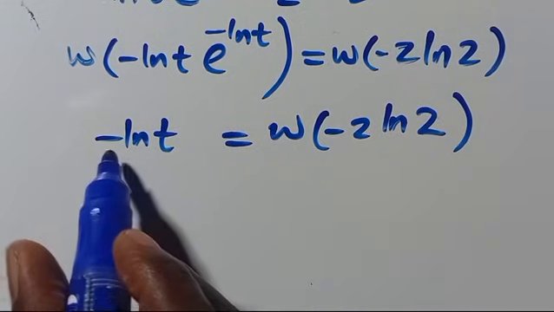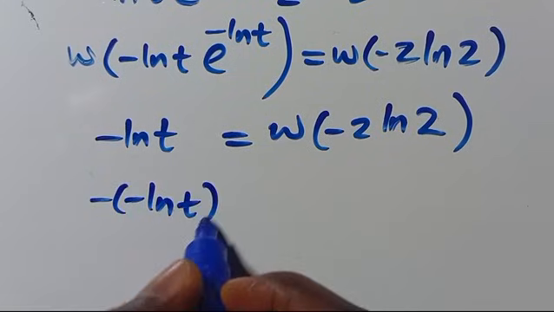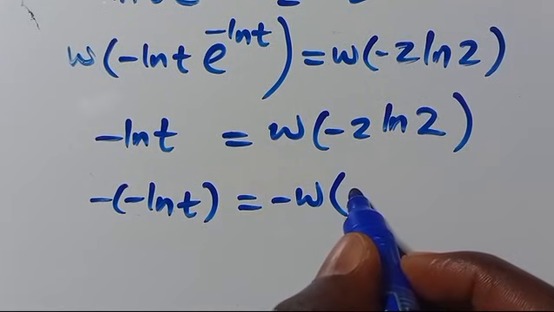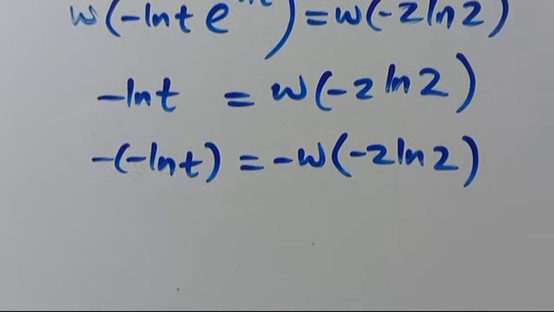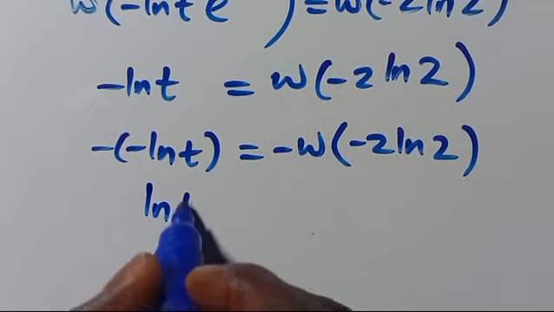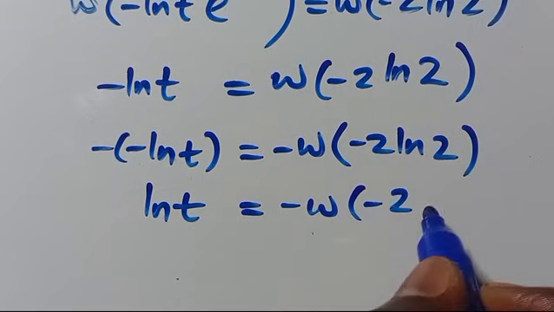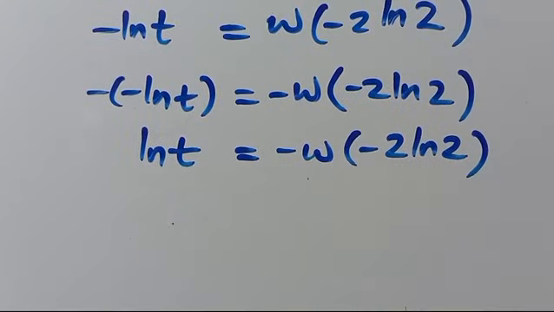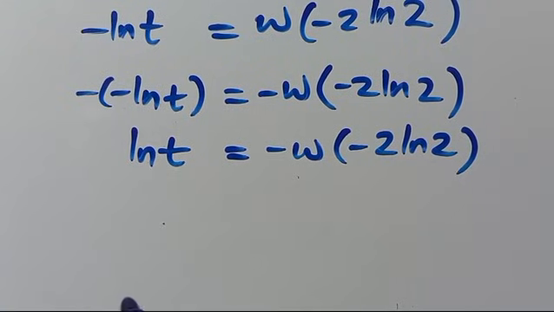From here, let's multiply through by minus. So here will be minus into minus ln of t, and here will be minus the W Lambert function of minus 2 ln of 2. So ln of t equals minus the W Lambert function of minus 2 ln of 2. There's a relationship between natural log and the exponent: they normally cancel each other.